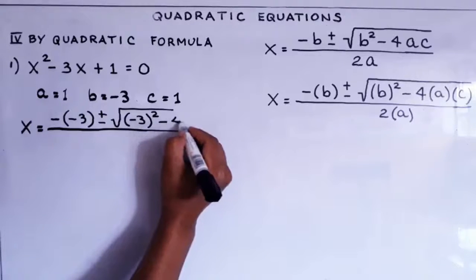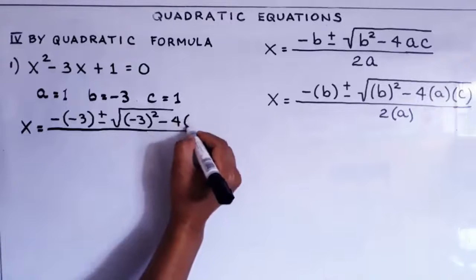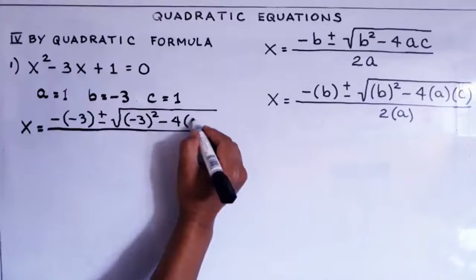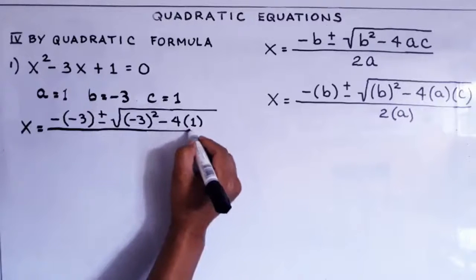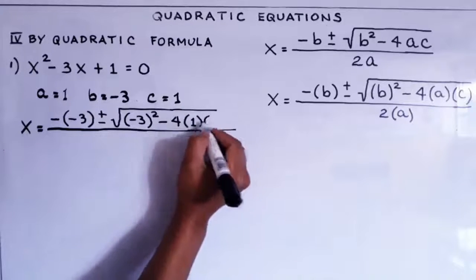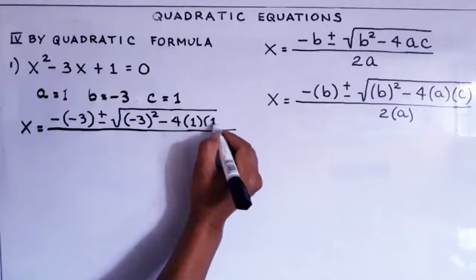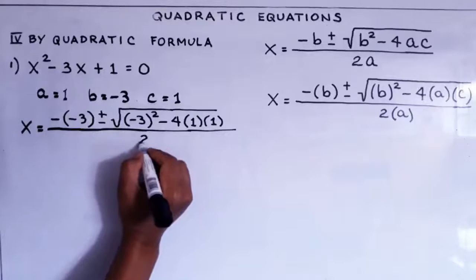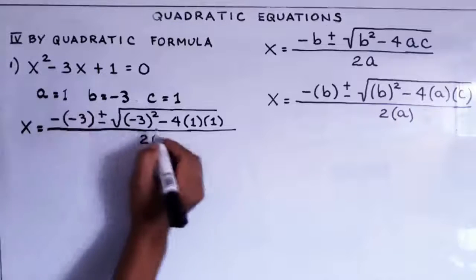Minus 4 times, what is the a? A is equal to 1. So that's 1 here. And then c. C is also equal to 1. Divided by 2 times a.